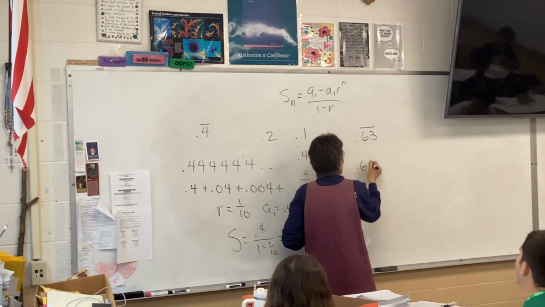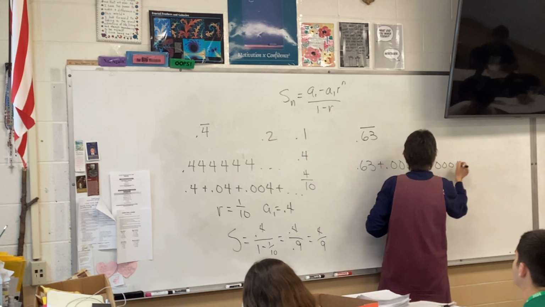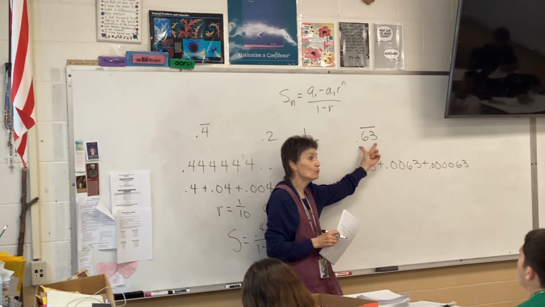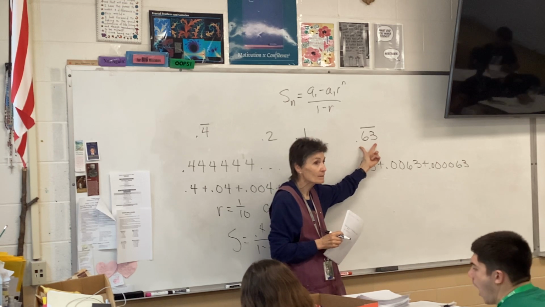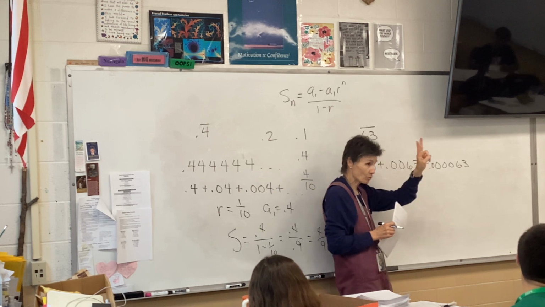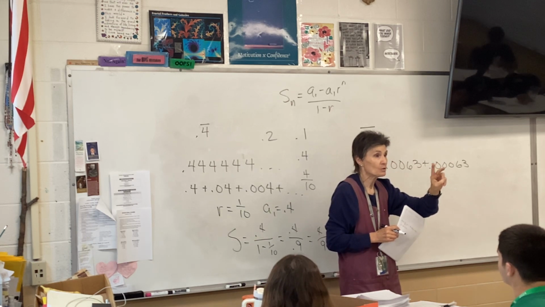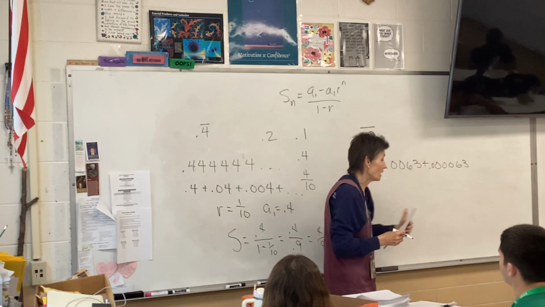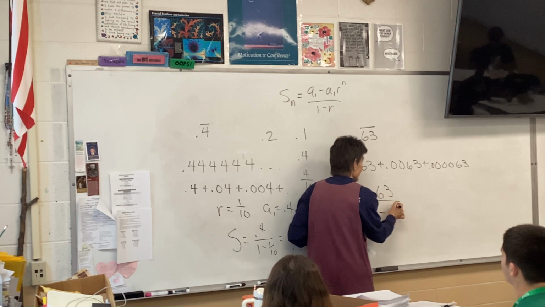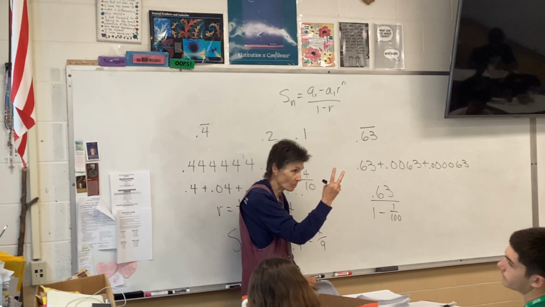Let's work it out. 0.63, 0.0063, 0.000063, and so on. Now notice, because there's 2 decimal places repeating, every time I have to add in 2 more zeros, and 2 zeros are not 1/10, 2 zeros are 1 over 100. So 0.63 over 1 minus 1/100th, because 2 decimal places repeat.